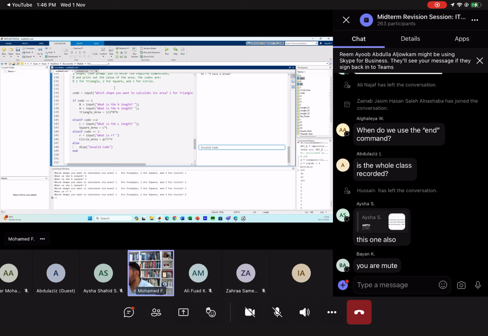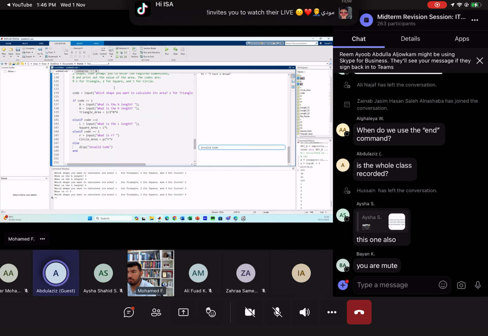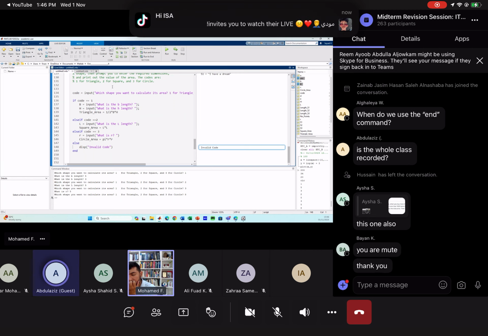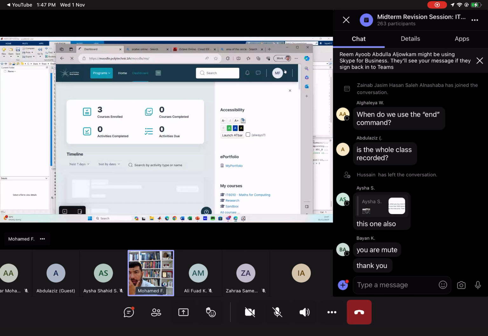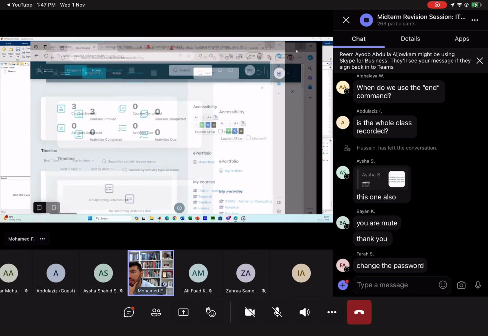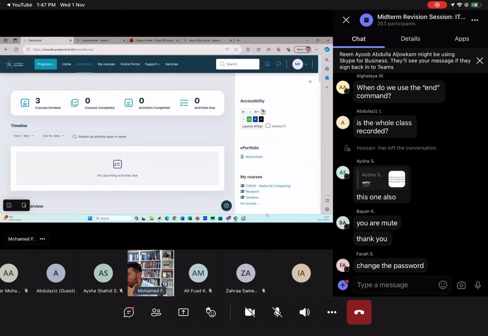Are we good, guys? Sir, I have an unrelated question. Yes. I'm trying to log into Moodle, it's not letting me. Is there something happening today? I'm not sure. I'm in Moodle now. Whenever I try to log in, it says invalid login. Maybe just look at the keyboard.